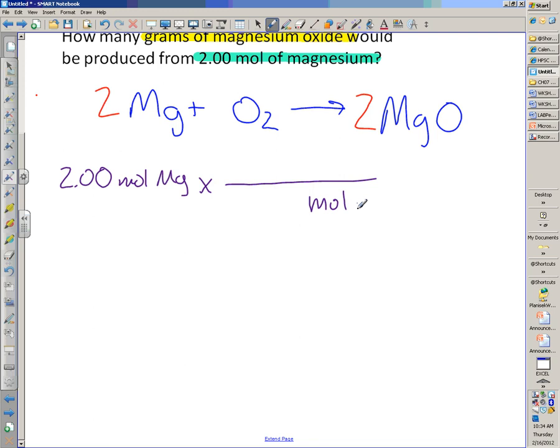Moles of magnesium has to go on the bottom. If we followed the rules for conversion factors that we've done before, conversion factors are supposed to get rid of things we don't want and turn them into things we do want. So by following that logic, this would go on the top of that conversion factor. Right? But there's a problem with that.